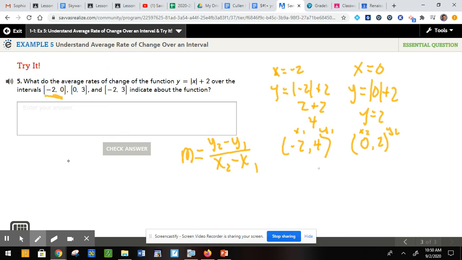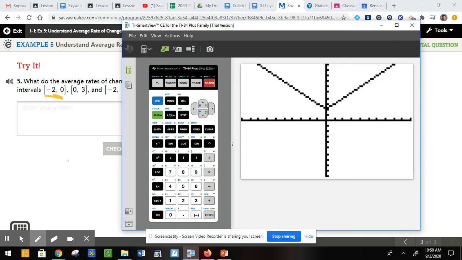So 2 minus 4, y2 minus y1, over x2 minus x1, so 0 minus a -2, so plus 2. You end up with -2 over 2, which is -1. So the average rate of change for that part is -1, which again makes sense based on our graph because between -2 and 0 as an x value, it's going down.